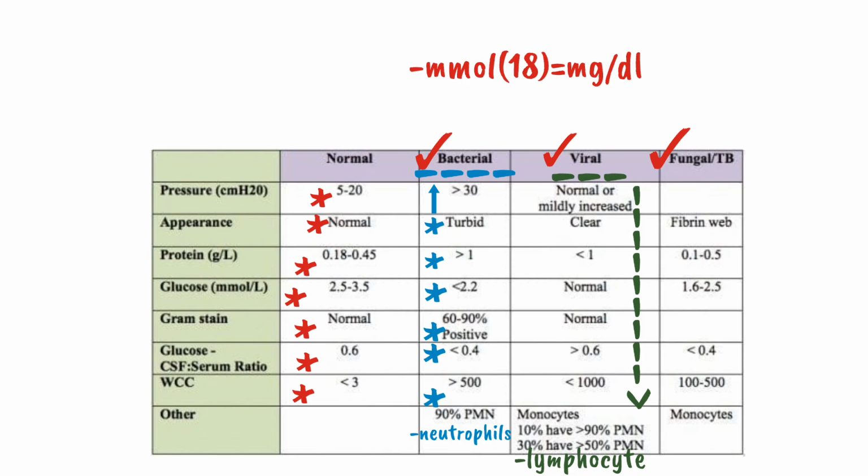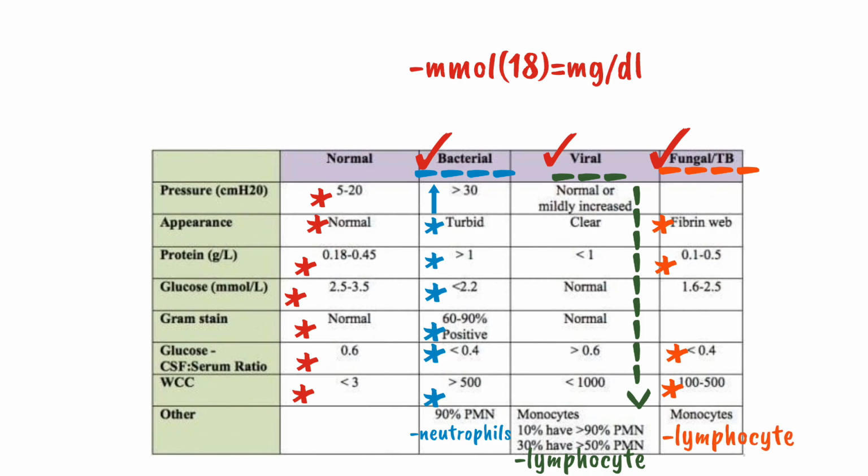The third one is fungal meningitis. In fungal meningitis, the appearance will be a fibrin web. The protein will be about 0.1 to 0.5 gram per liter. The glucose will be 1.6 to 2.5 millimole per liter. There will be no gram staining and the CSF to serum glucose ratio will be less than 0.4 and the white cell count will be between 100 to 500 white blood cells and the dominant cell will be lymphocyte.